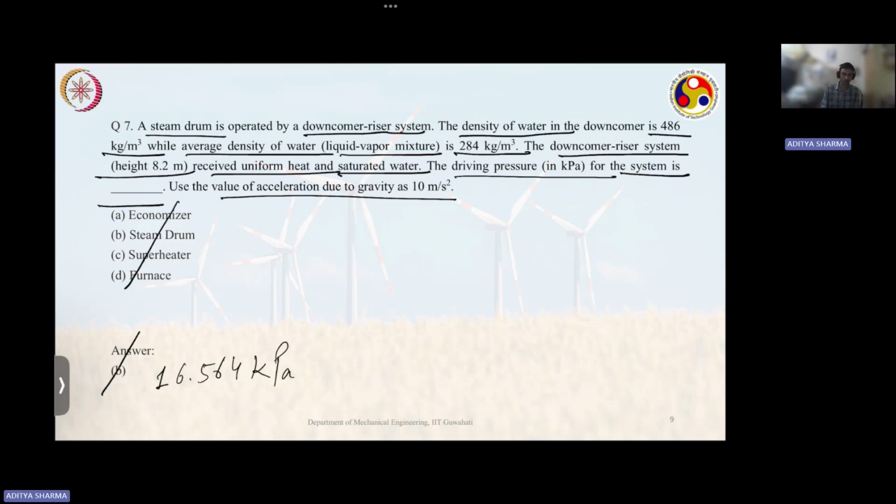So this is your question number 7. I hope there is no doubt in this question. If there is, you can just write in the comment box and I shall answer.